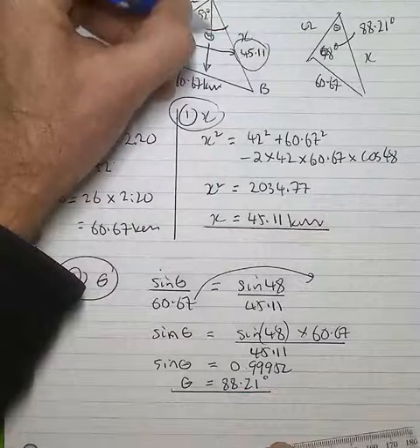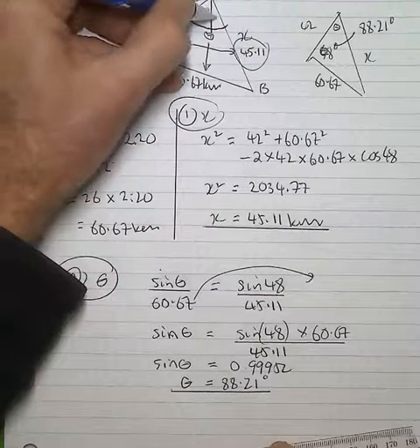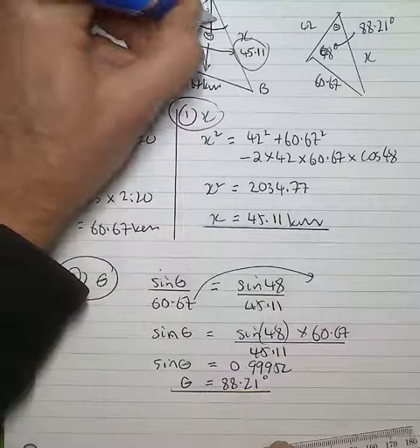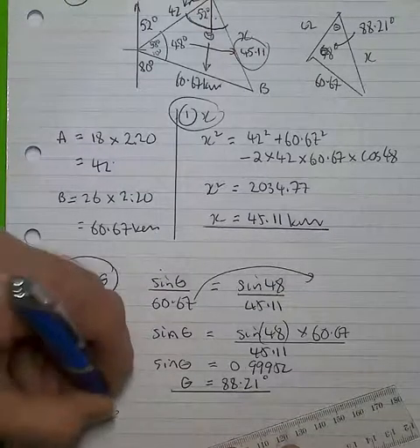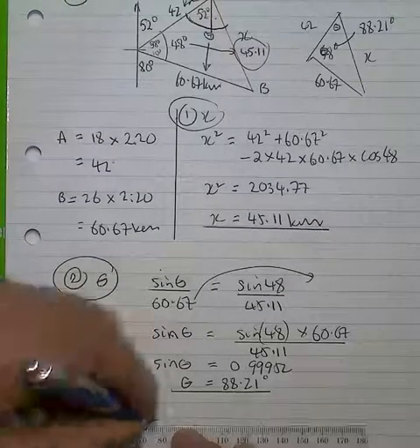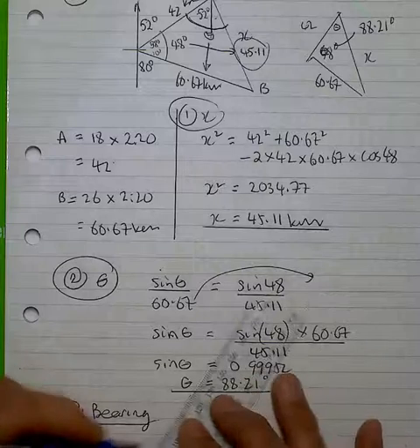Now that means that whole angle is made up of the 52 and a little bit more. So when I do the bearing, I'll just quickly draw a magnification of that.